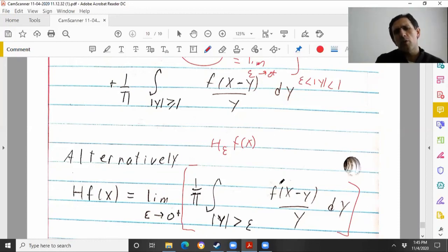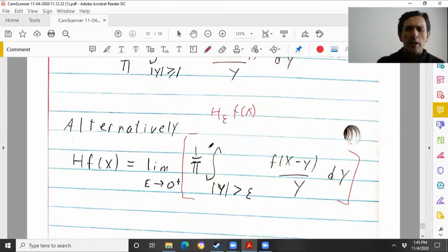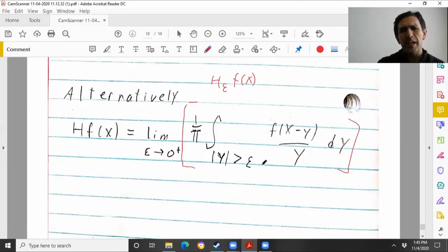You can define this for a much wider class of functions than Schwartz functions, H epsilon at least. But our goal really is to take this here and prove this limit and prove Lp bounds for this when f is a Schwartz function. And that's basically going to be the rest of the course.